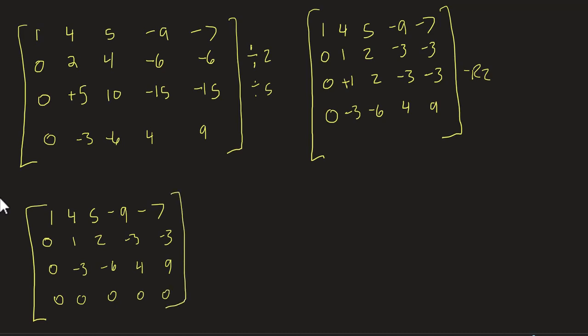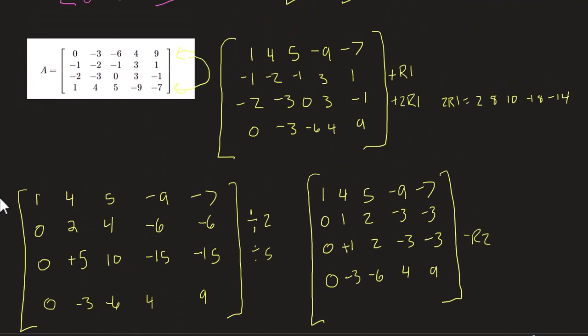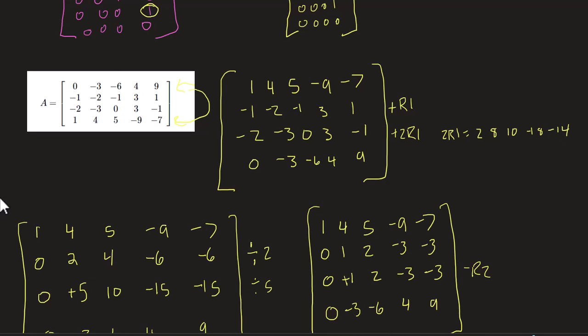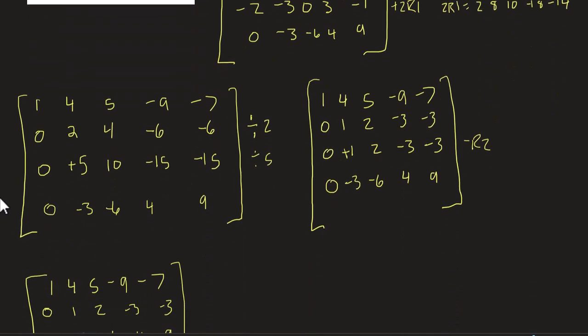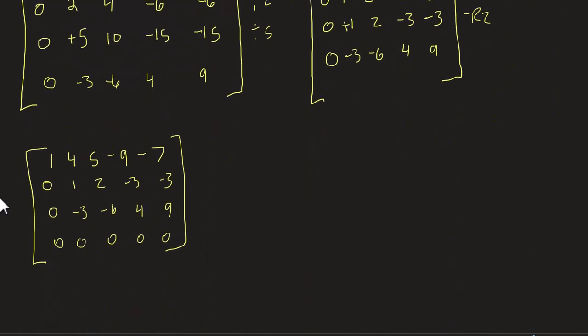Alright, let me double check this row. Did I do anything to it? Nope. That's just 0, negative 3, negative 6, 4, and 9. Okay. Alright, so now I have this is a pivot and this is a pivot.